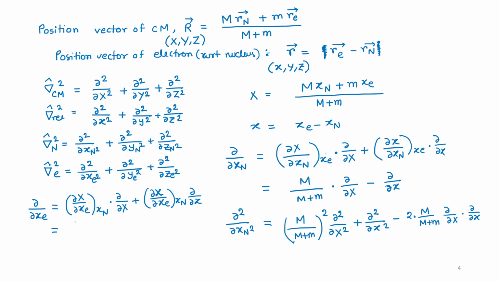Now if you see, if I have to do a differentiation with respect to xe, where xn is constant, it is almost a similar thing but a little different. So now we'll get plus 1.